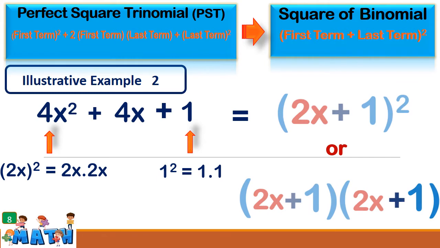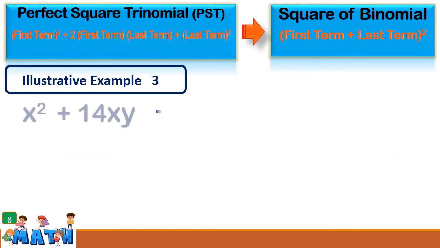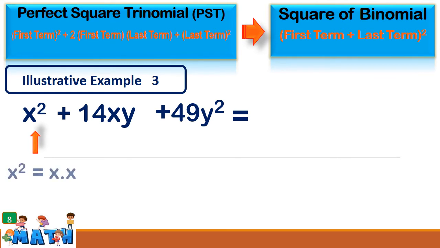Example number 3. We're going to get the factors of x squared plus 14xy plus 49y squared. Again, check whether the first and last terms are perfect squares and write them as a square. So x squared can be written as x times x, and 49y squared can be written as 7y quantity squared or 7y times 7y.